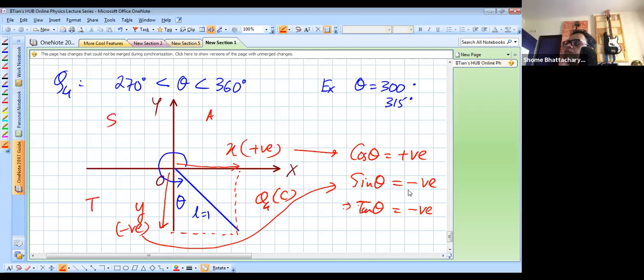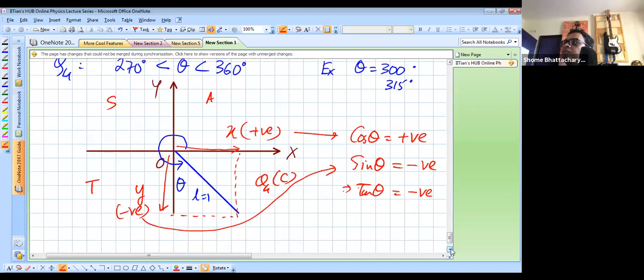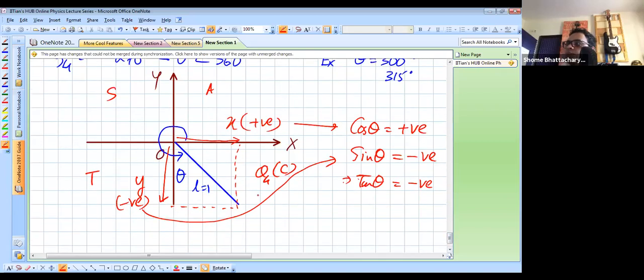So it is cos which is positive, the other two are negative. Now about the formula, you will see it's equally easy. So just take a minute to absorb this first. Right, so hope thus far this is clear.